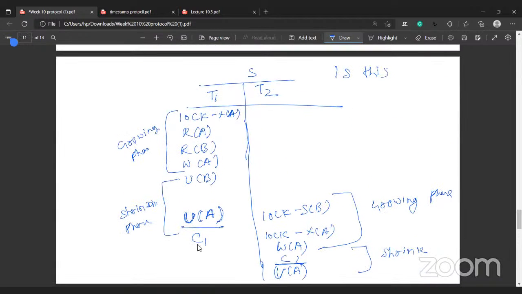Suppose there is a schedule S with transactions T1 and T2, and exclusive lock is applied. Okay, let's see this example. So this follows S2PL, right?